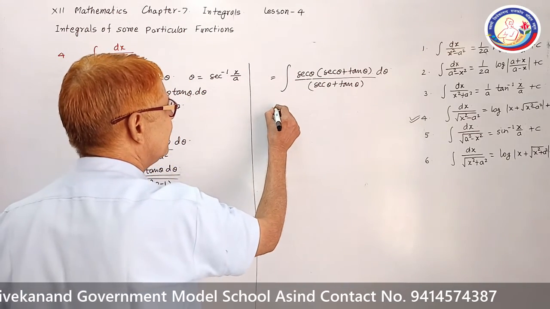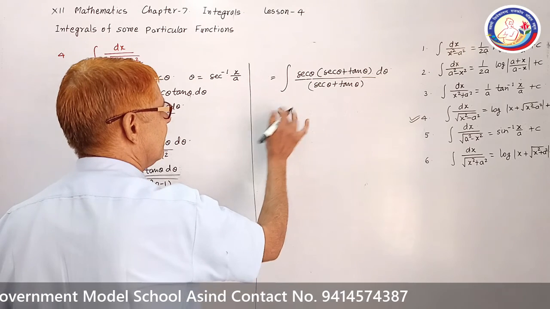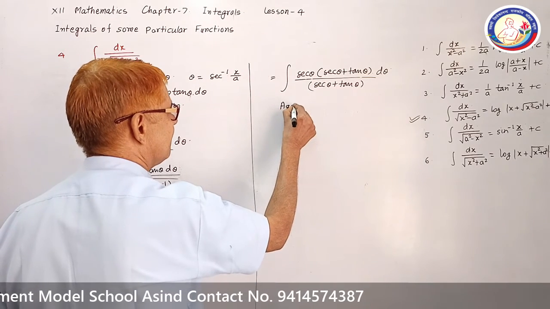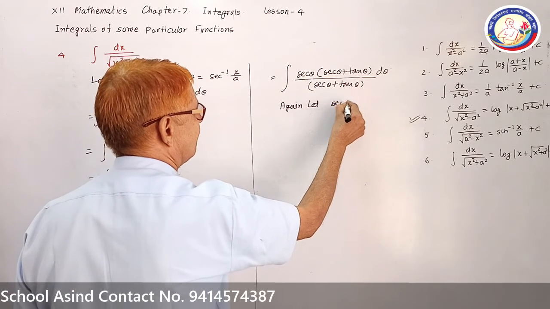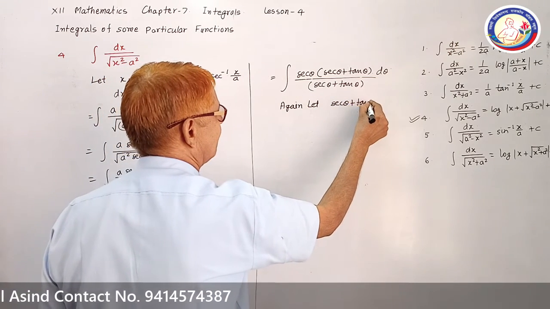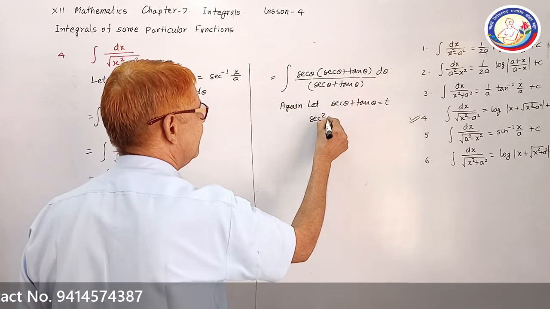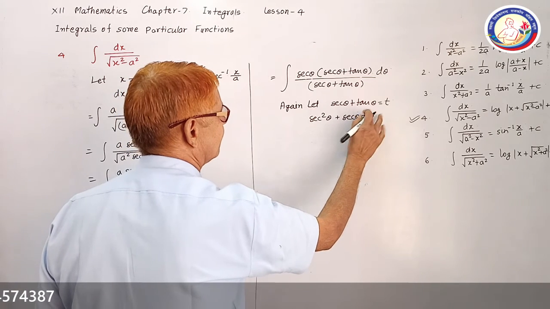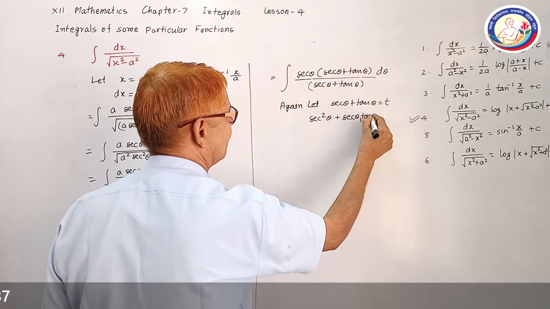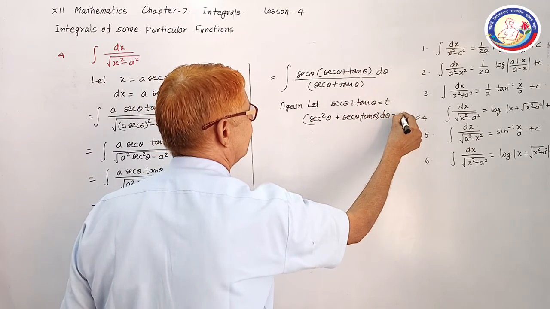So we will make a substitution again, let sec theta plus tan theta equal to t. So sec square theta plus sec theta tan theta d theta equal to dt.